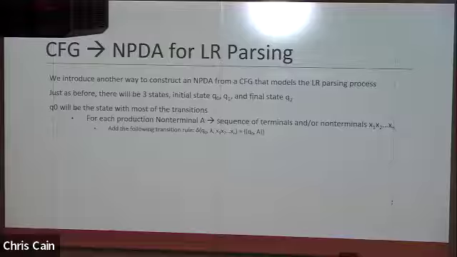Then we stay in Q0 and push the left-hand side of that production. Which is what you would expect in a bottom-up parsing process. We're replacing a right-hand side with a left-hand side. So we are popping off a string that represents the right-hand side and replacing it with a character that represents the left-hand side of the grammar production.